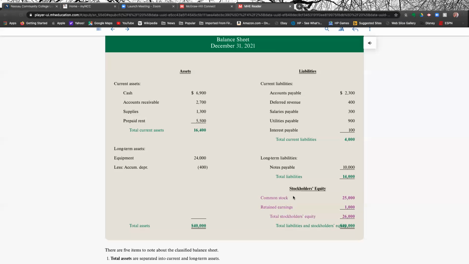So that's pretty much the same. Think of common stock. We're going to see that there's more to this than common stock. Think of this as being 2 separate sections within stockholders' equity: invested capital and retained capital, right? That's the way your book presents it.